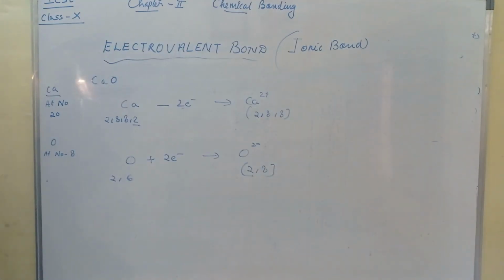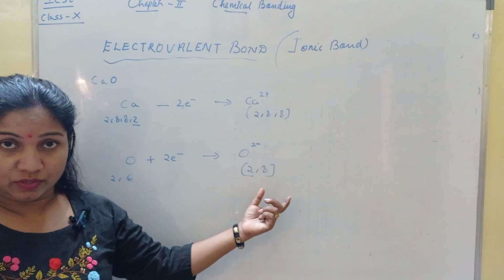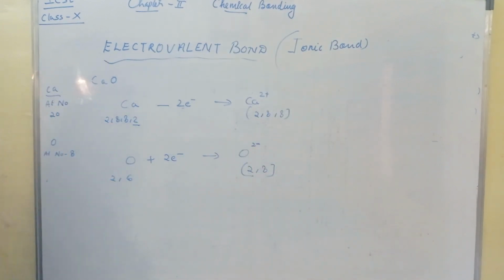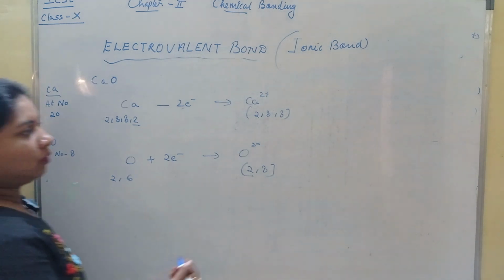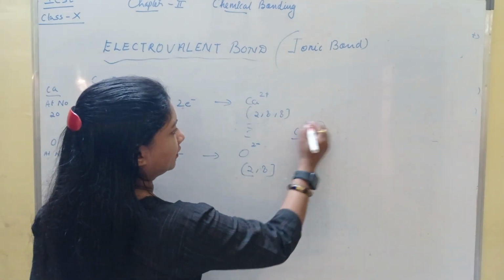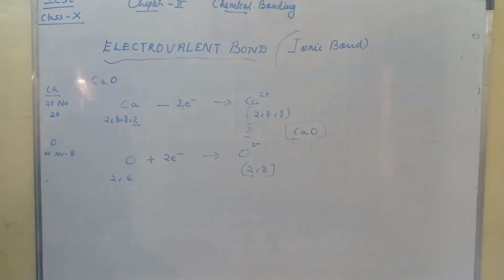So both are now stable species, this cation and this anion both are stable now because both have configuration similar to noble gas. Okay, and they combine and form the compound. After combination, what compound is formed? Calcium oxide. Now we'll see the Lewis dot structure of calcium oxide.